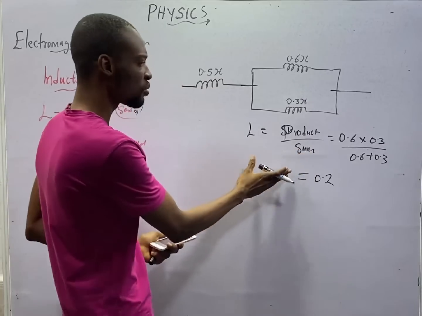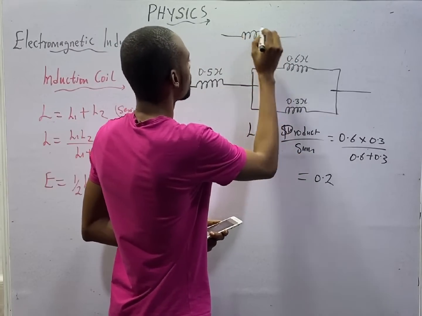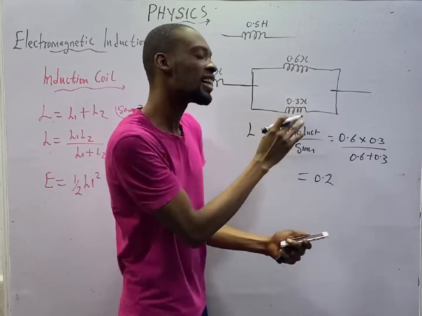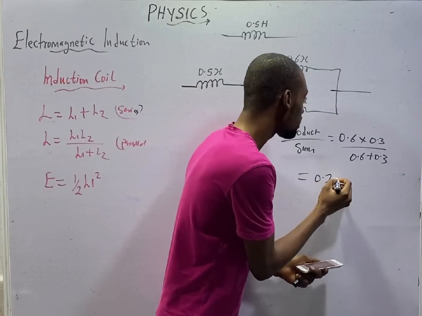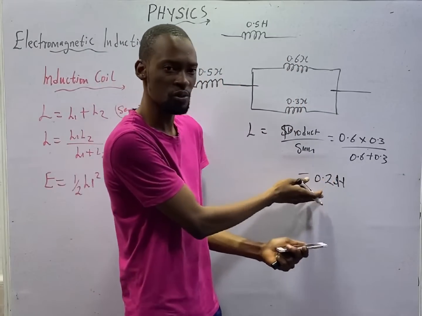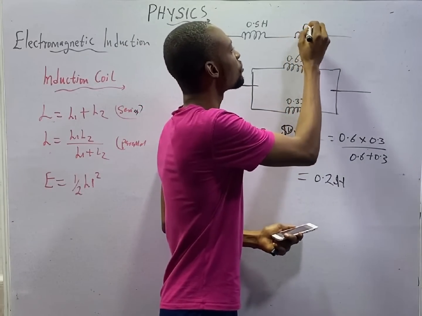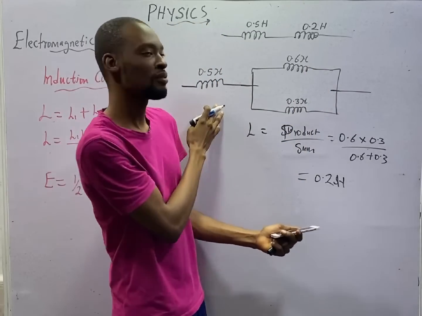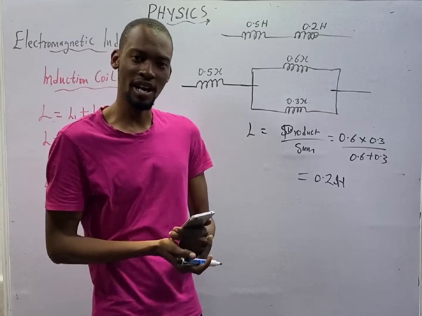Now this 0.2 Henry is in series with the 0.5 Henry, and to calculate inductance in series, you add them.